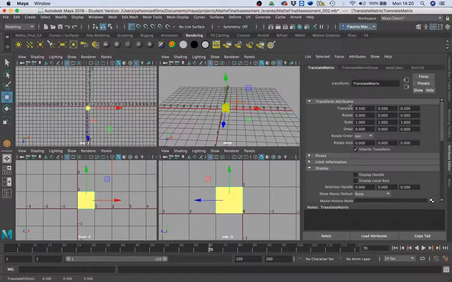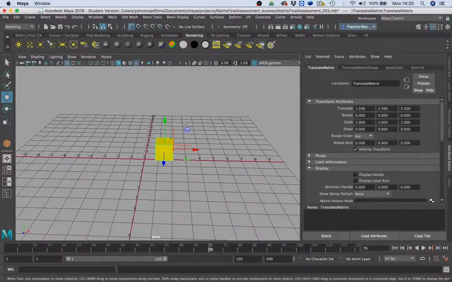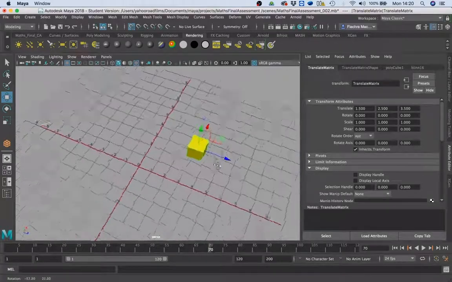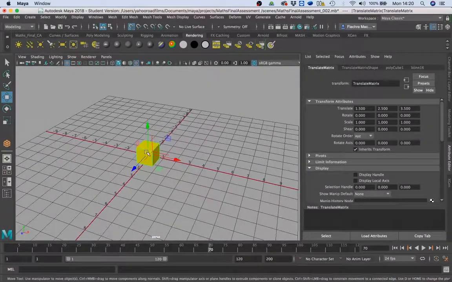And in terms of the cube, 1, 2, 3. As you can see, the formula seems to work to translate using a matrix, the formula, and doing it manually in Maya, you get the same result.